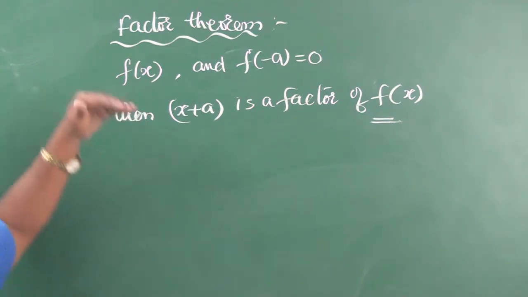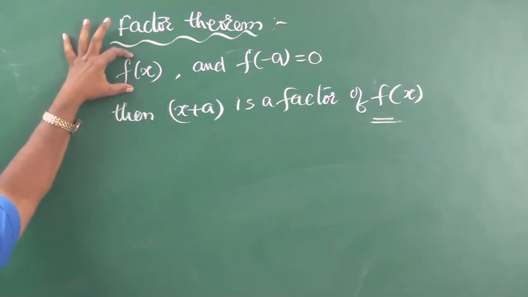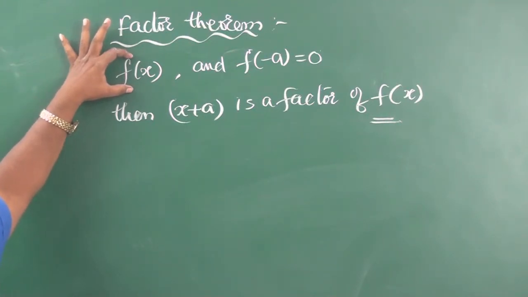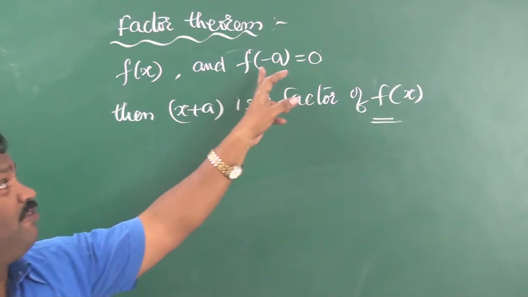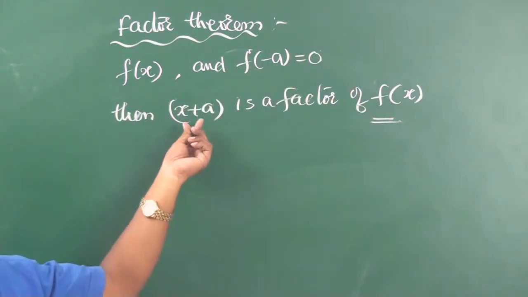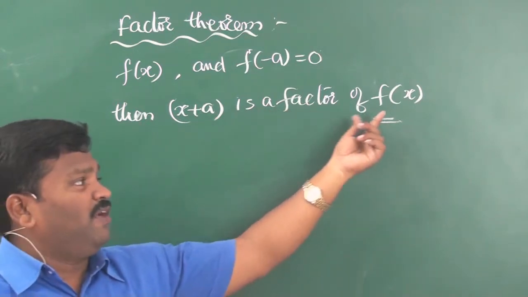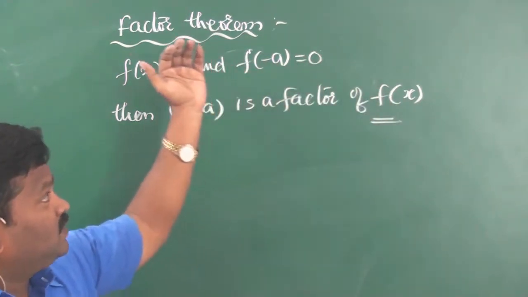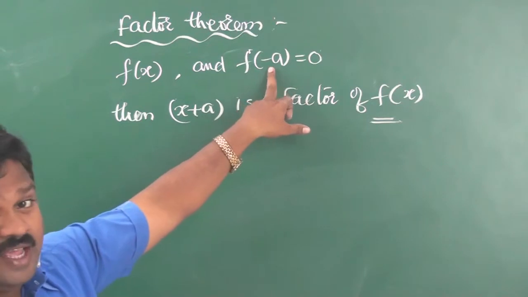What is the factor theorem? If f of x is any polynomial whose degree is greater than or equal to 1, and f of minus a equal to 0, then x plus a is a factor of f of x. As I said, what is this f of minus a?